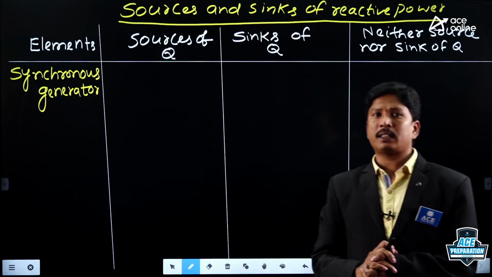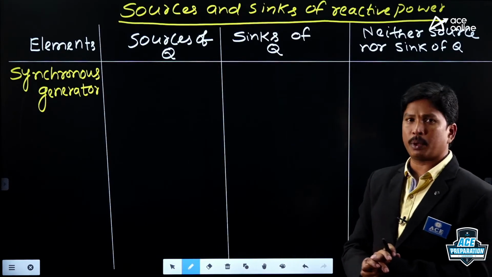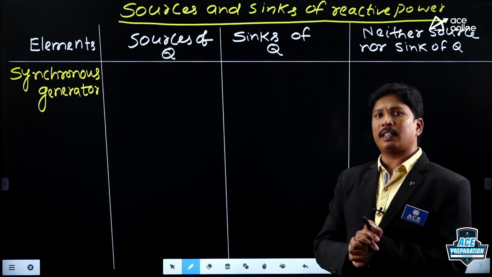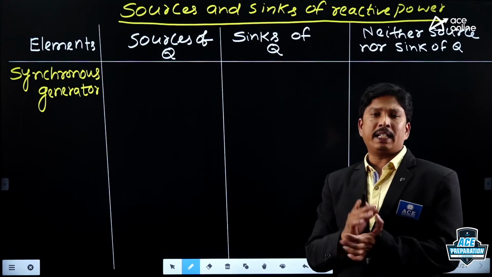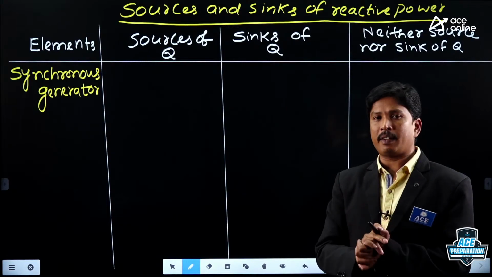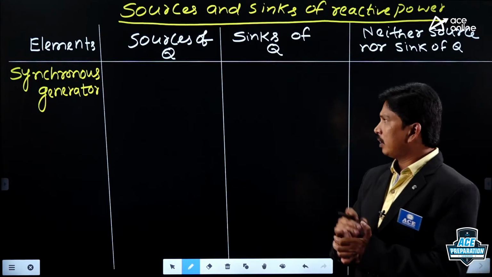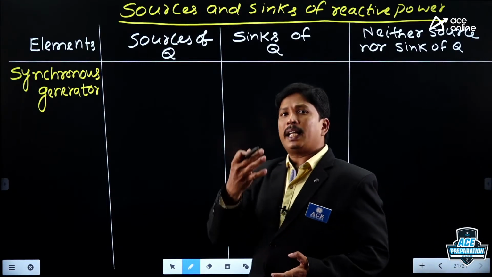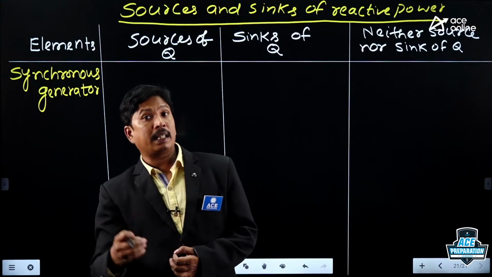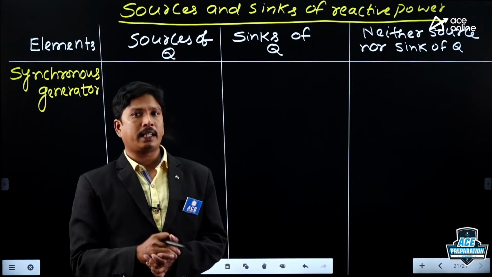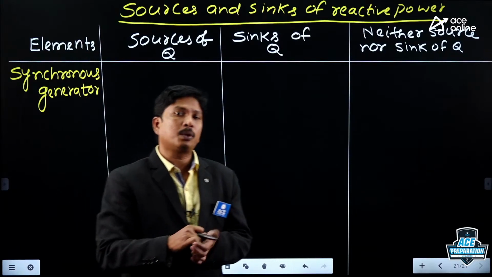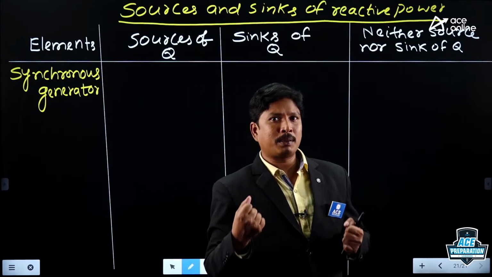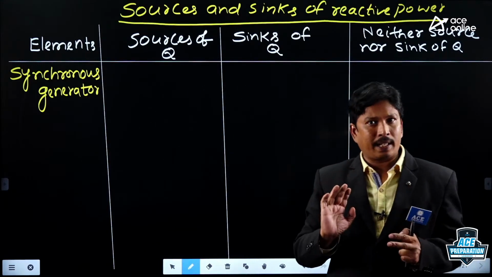The synchronous generator is having the excitation. So we can control the excitation of the synchronous generator. By controlling the excitation, we can make the synchronous generator deliver the reactive power, absorb the reactive power, and stay calm also.